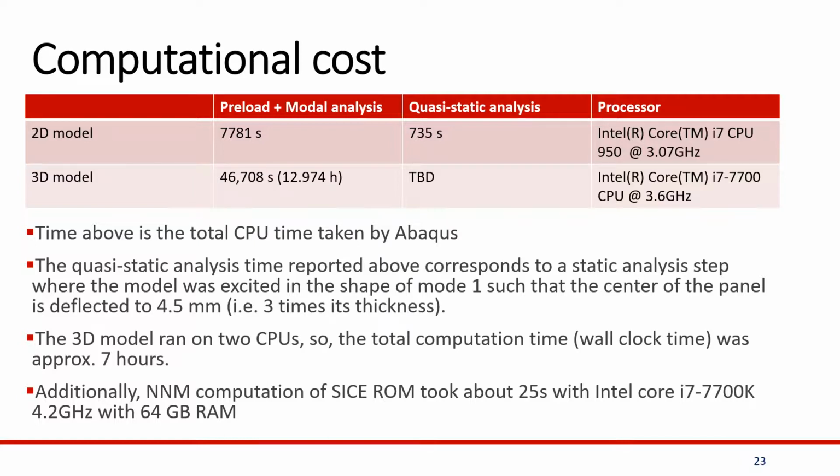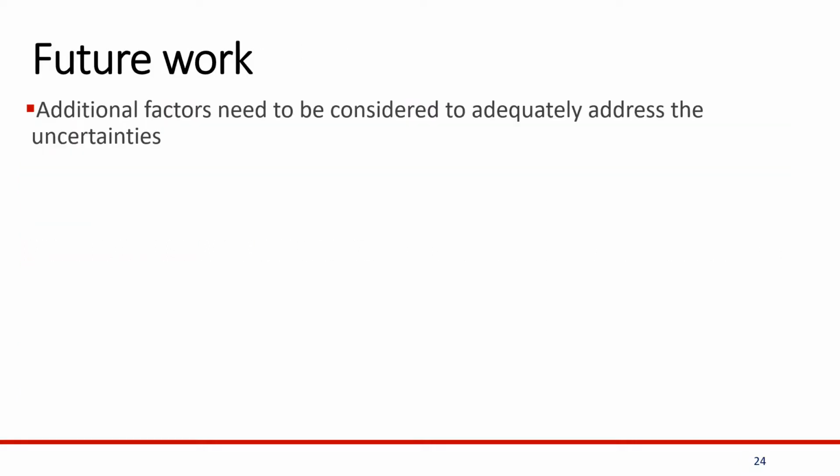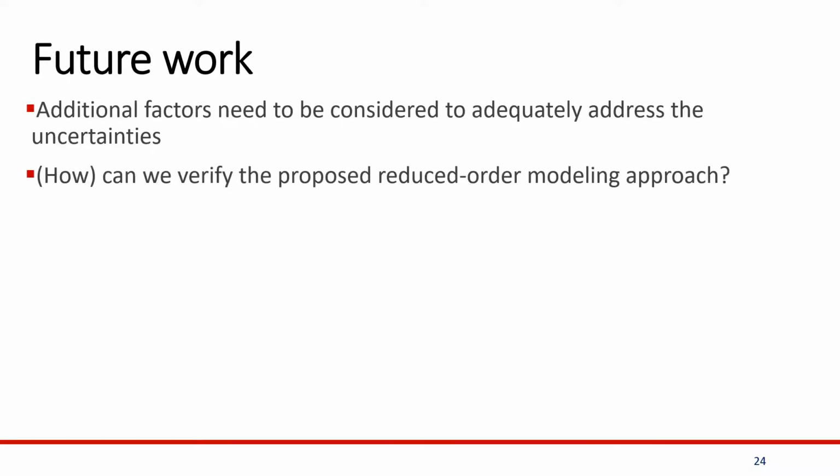As seen here, the 2D model is significantly faster than the 3D model, and the use of quasi-static analysis and ROMs makes this process much faster than having to do dynamic analysis. Now, going forward, we still need to consider uncertainties due to material properties, surface roughness, and other such factors. Additionally, we need to verify the proposed reduced order modeling approach.